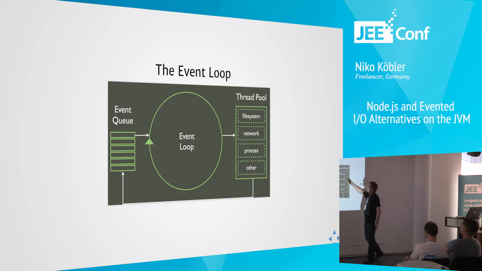When the threads are done, the event loop passes the result back to the caller. That's how Node.js is able to handle many requests at a time, near to millions per second.